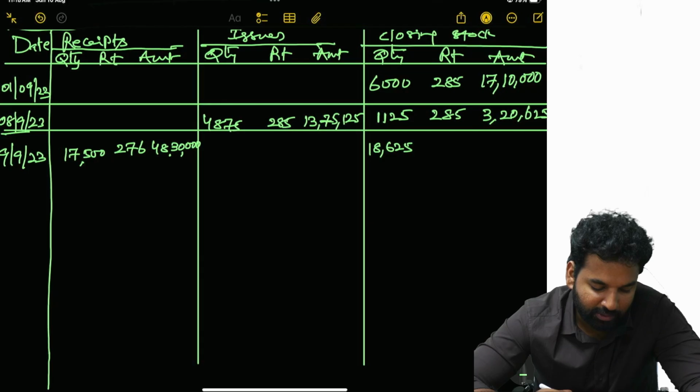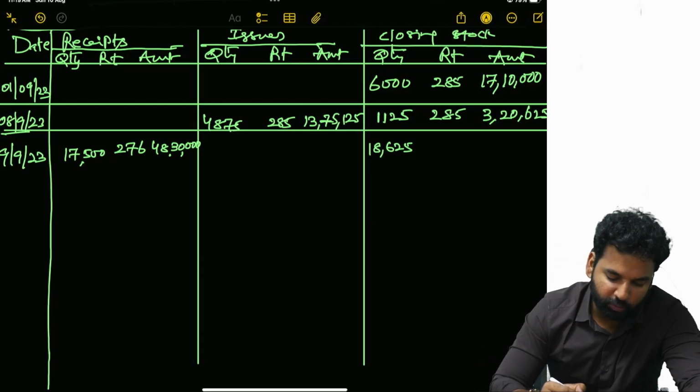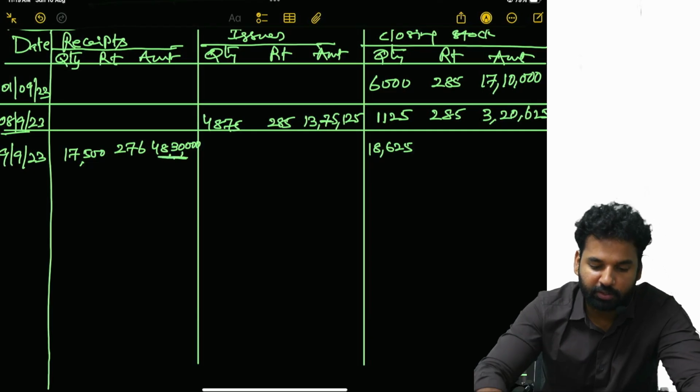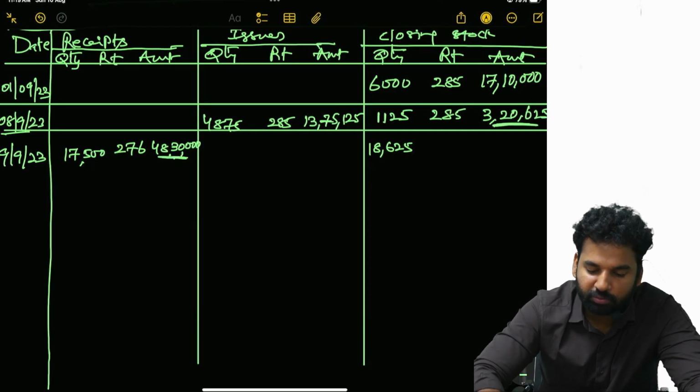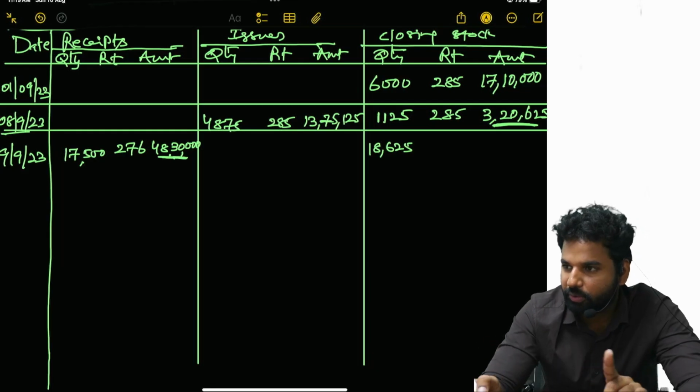Means first you total the amounts. Amount means units into price. That is already there with us: 48 lakh 30,000 and 3 lakh 20,000. Unit into price plus unit into price.